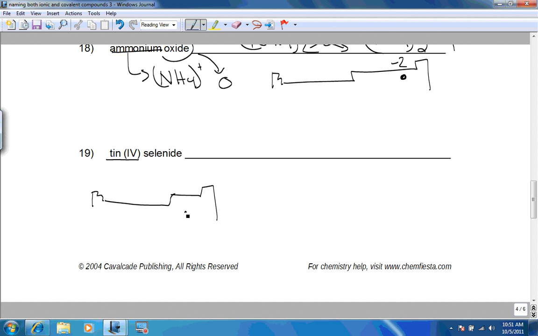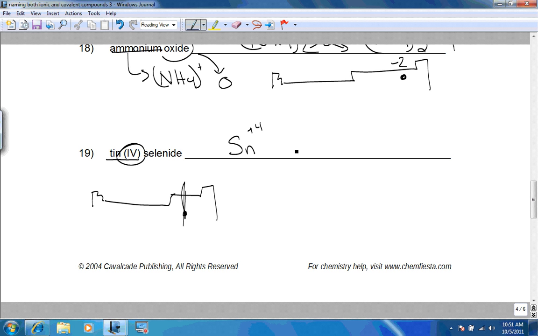Oh, there it is. It's in the same row as carbon. I thought it was there. I couldn't find it. Because it's in a row that has a lot of different charges, they ended up having to tell us what the charge is. So Sn, that 4 means it's a +4 charge.